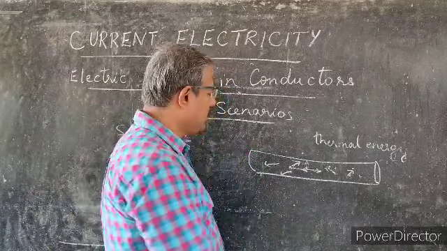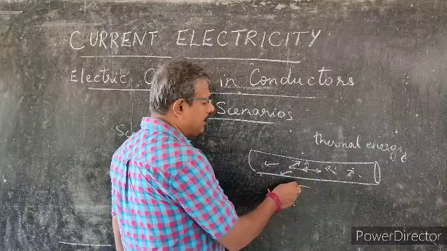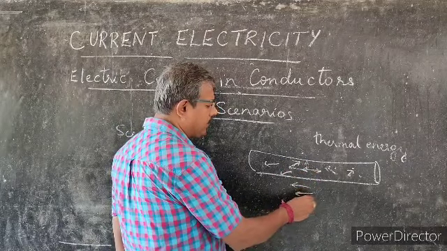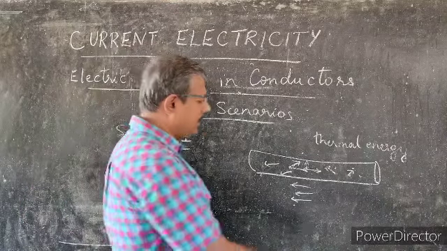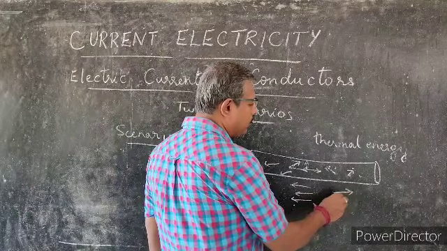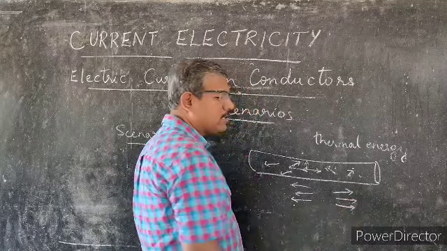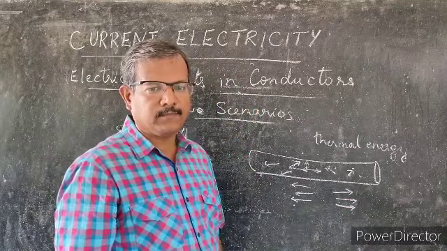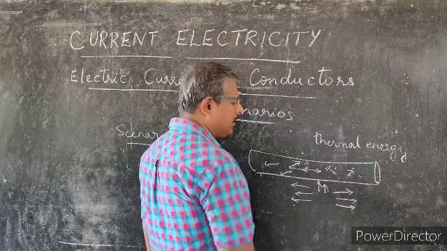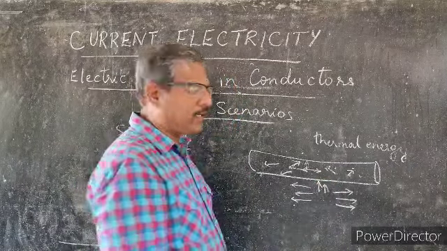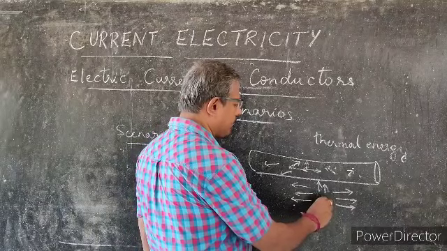So what's happening? Effectively speaking, the net number of electrons that are moving in this direction at any point of time is almost equal to the net amount of electrons that are moving in this direction. Similarly, the net amount of electrons moving in this direction is equal to the net amount of electrons moving in this direction.